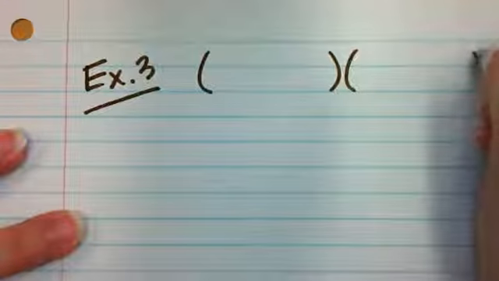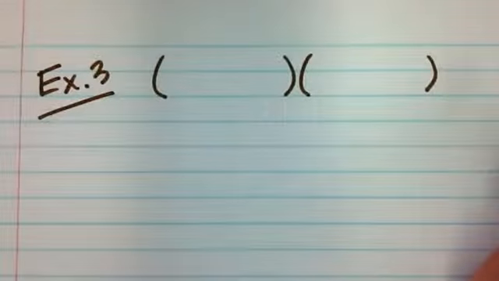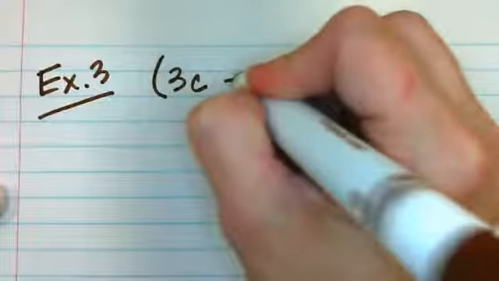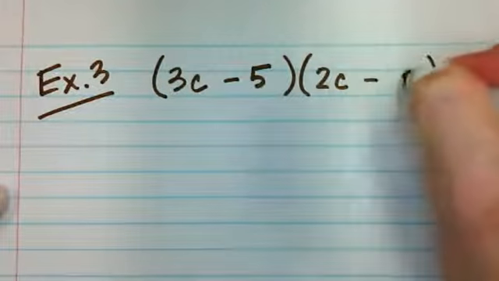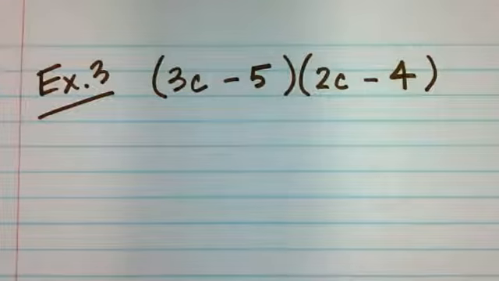So all I want you to do is pause the video, and when you're done working out the problem, start the video again. For this problem, let's do 3c minus 5 and 2c minus 4. So pause the video, and when you're done, press play so you can see the rest of the problem worked out.